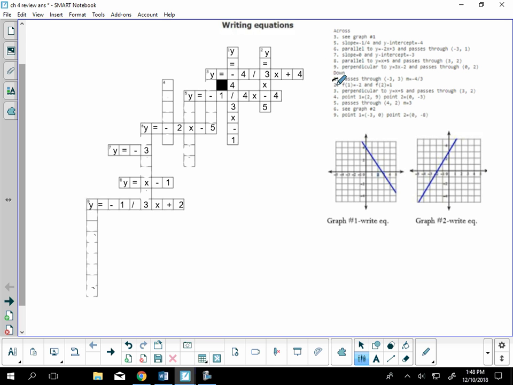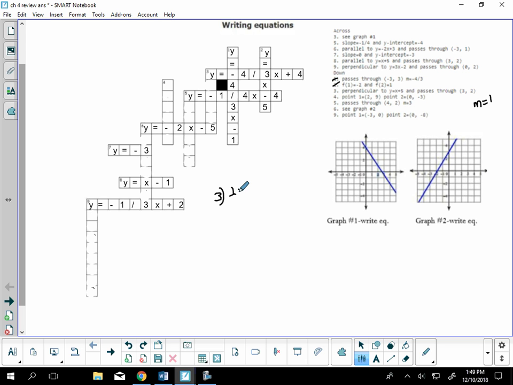Let's go ahead now and do number 3 down. Perpendicular. So my slope is 1. That means my perpendicular slope is going to be the, oops, forgot my m again.